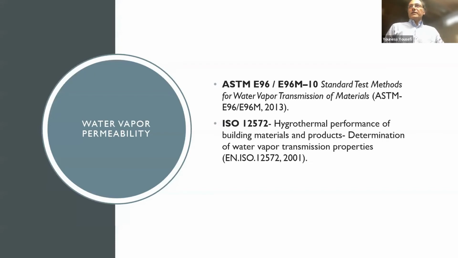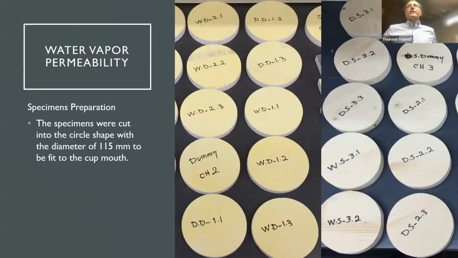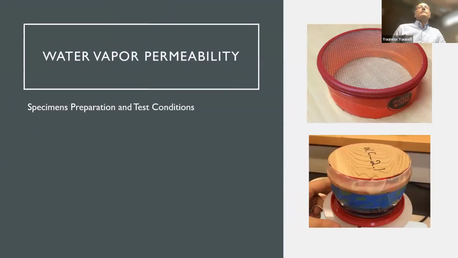For the vapor permeability, because we were using the cup method, we started to cut all material to the size of the mouth of the cup, and we prepared them all and started to attach those materials to the cup.